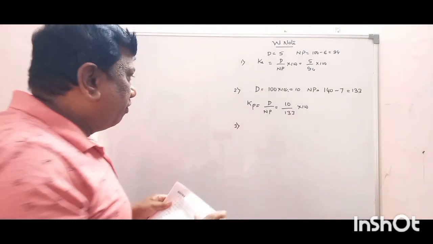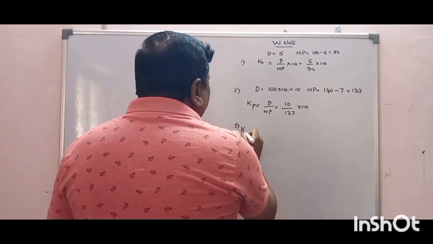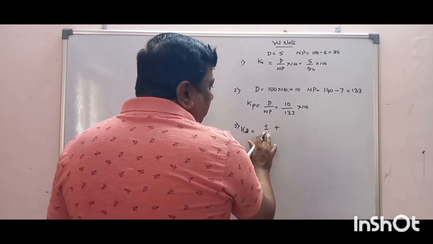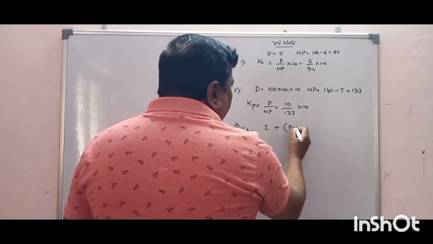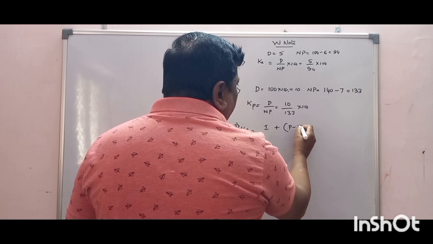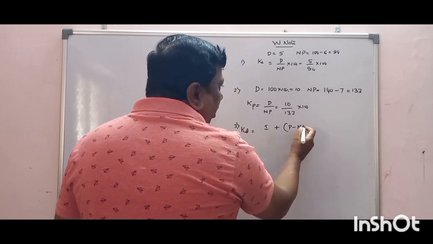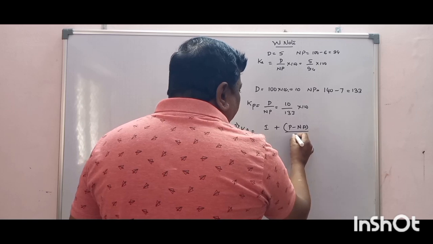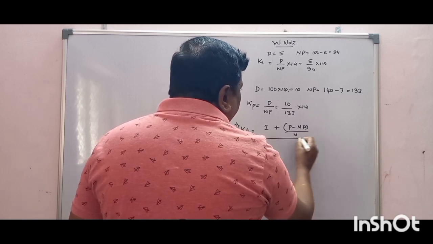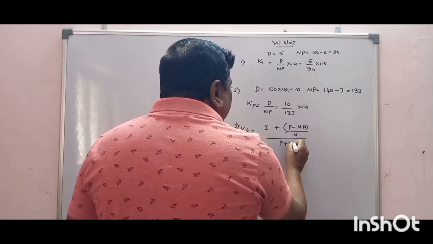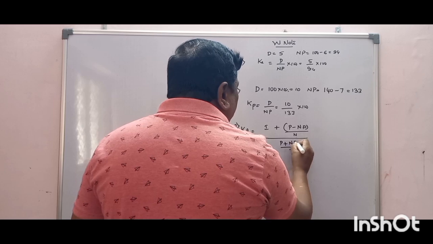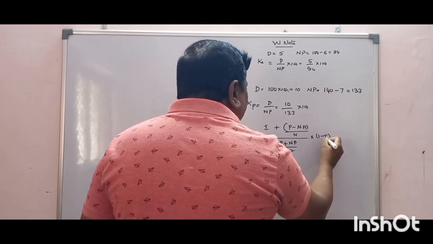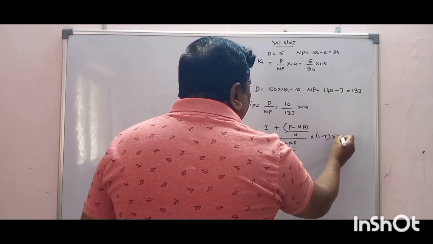So we need the formula that I said before: KD equals I plus P minus NP divided by N, whole divided by P plus NP divided by 2. P means maturity value, NP means what we are issuing, N is the maturity years. Into 1 minus tax, that is given.